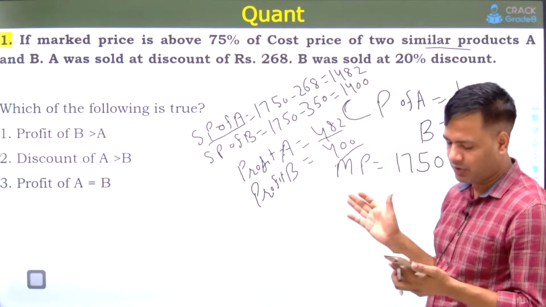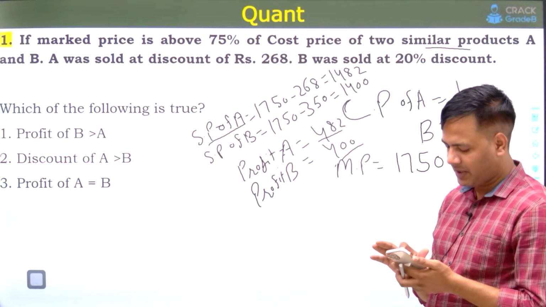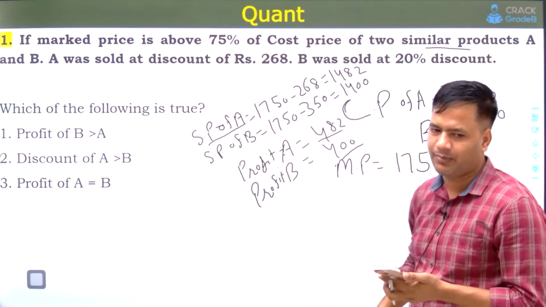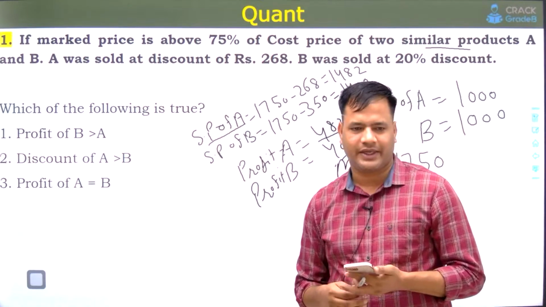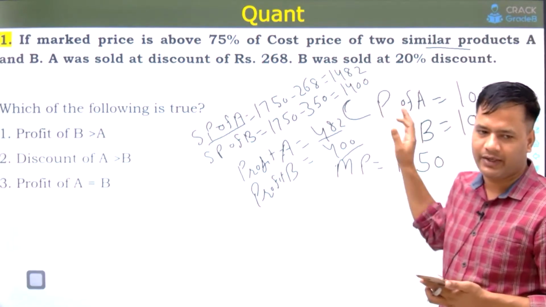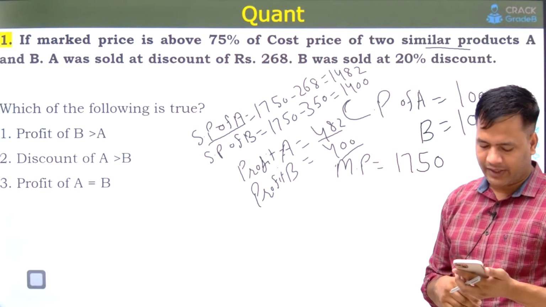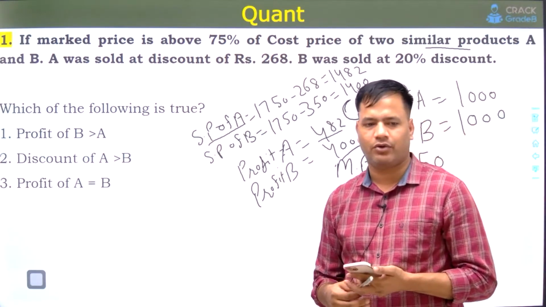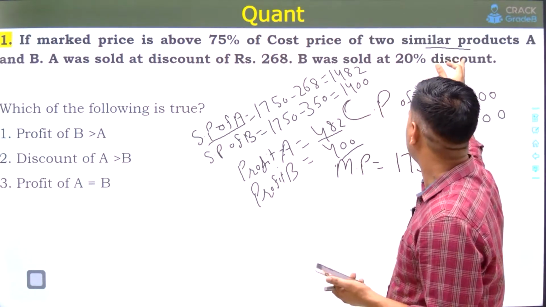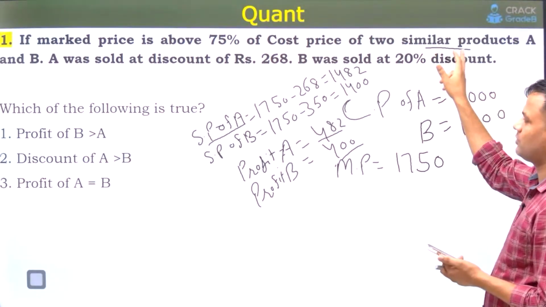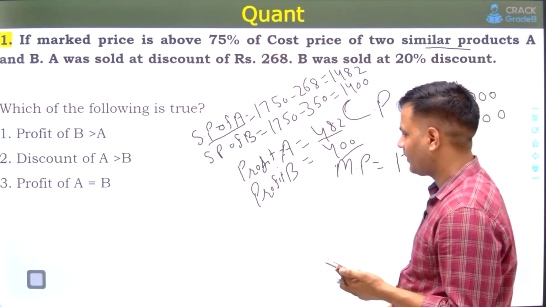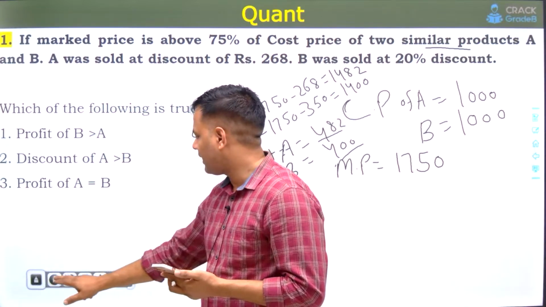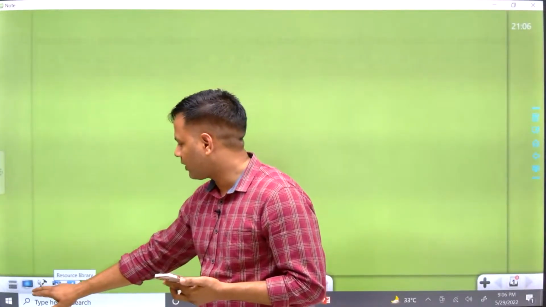If it is not given that the two products are similar, then it cannot be solved, because without the cost price we cannot determine the answer. So the statement can vary.